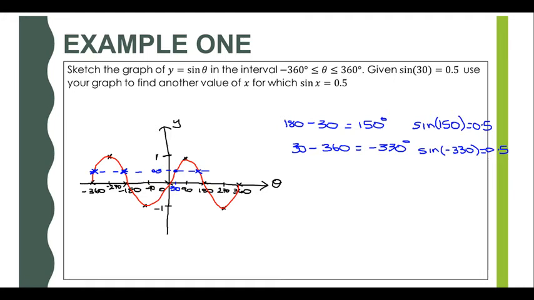Similarly, we can do the same for our other point here. So to get from this point to the same point 360 degrees before, which is this solution, we would do 150 minus 360, which gives us minus 210 degrees. So we know that sine of minus 210 is also equal to 0.5.